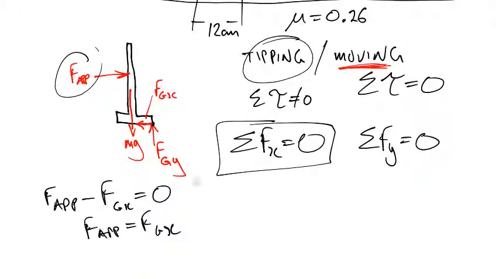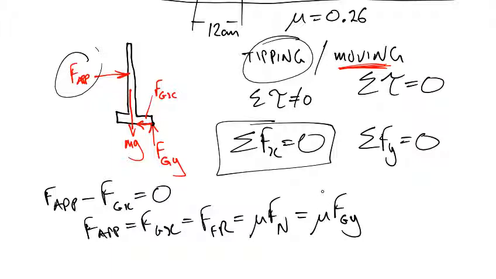Now, that means, what's FGX? Well, FGX is the force of friction. And what's the force of friction? That's equal to mu Fn. But what's Fn? Fn is the normal force at that location, which is mu FGY.